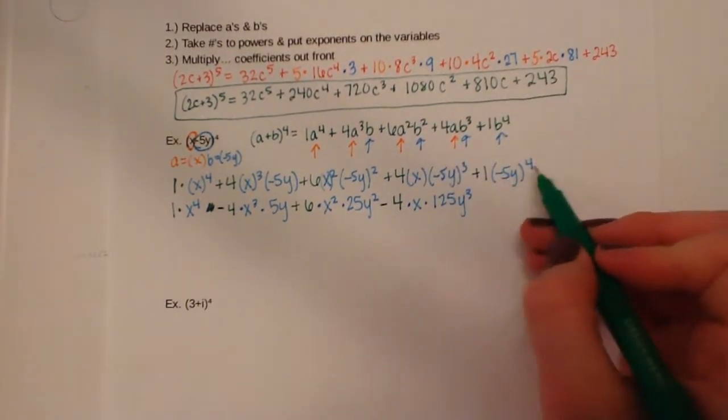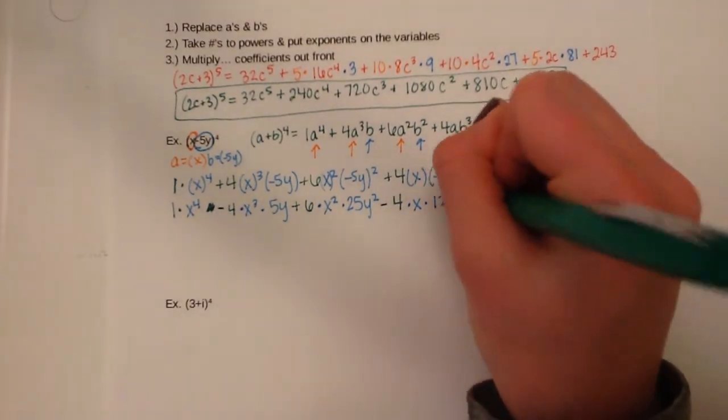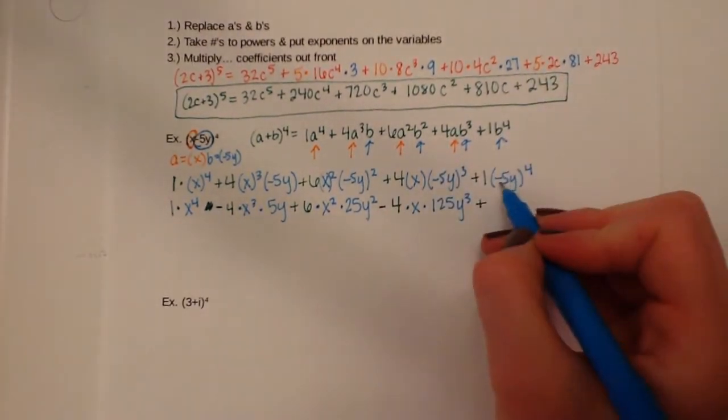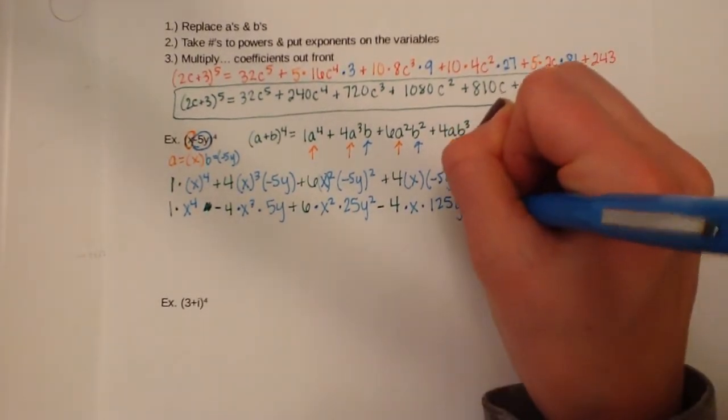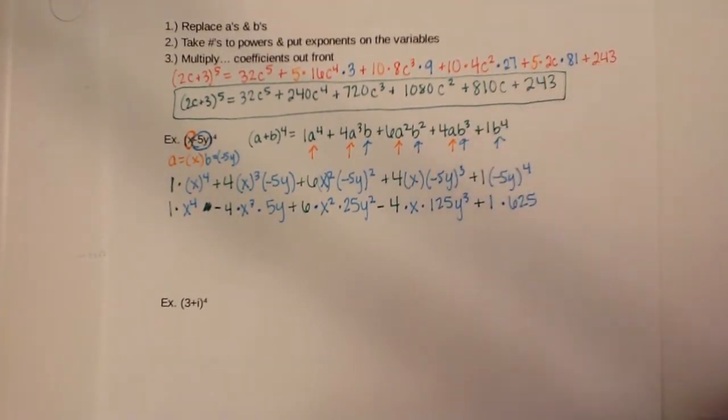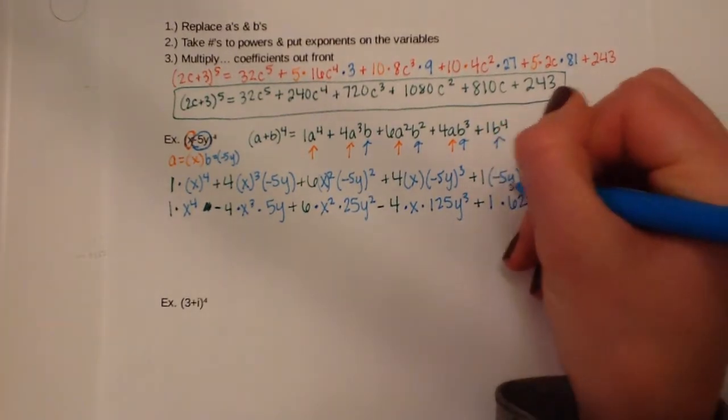We have a negative number to an even power, so that's going to be positive. If you take 5 to the 4th, we get 625 y to the 4th.